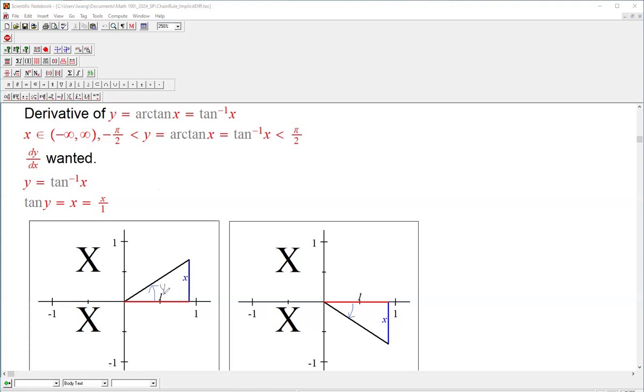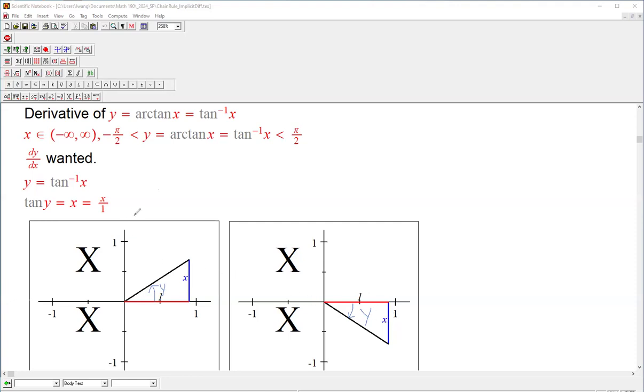So whether this is the y or this is the y, these are the only 2 cases. In one, tangent y equals x, which is x over 1, the blue, the opposite over the adjacent side, the red.